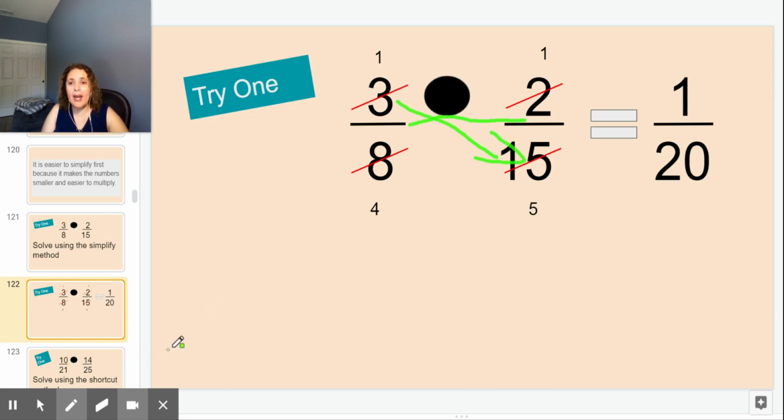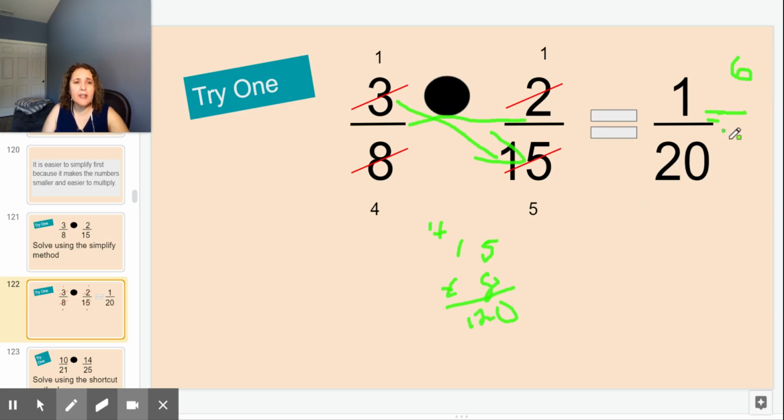So way faster than if I were to do 3 times 2, that would have given me 6, right? It's also equal to 6 over, now I'd have to multiply 15 times 8. If I multiply 15 times 8, I'm going to get 8 times 5 is 40, carry my 4. 8 times 1 is 8 plus my 4 is 12, so 120.